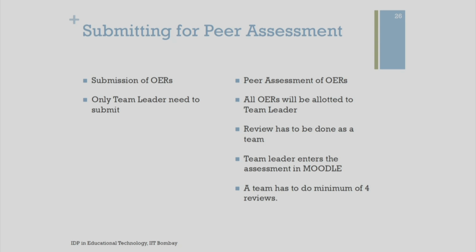Now for peer assessment, once the submission phase is over and the assessment phase is open, each team leader might get a lot of OERs in their submission. So they have to select 4 OERs that they are going to evaluate. They could look at the topic, so everything will be done as per the domain. Whatever is relevant for you, select the 4 top relevant OERs and assess them as a team.